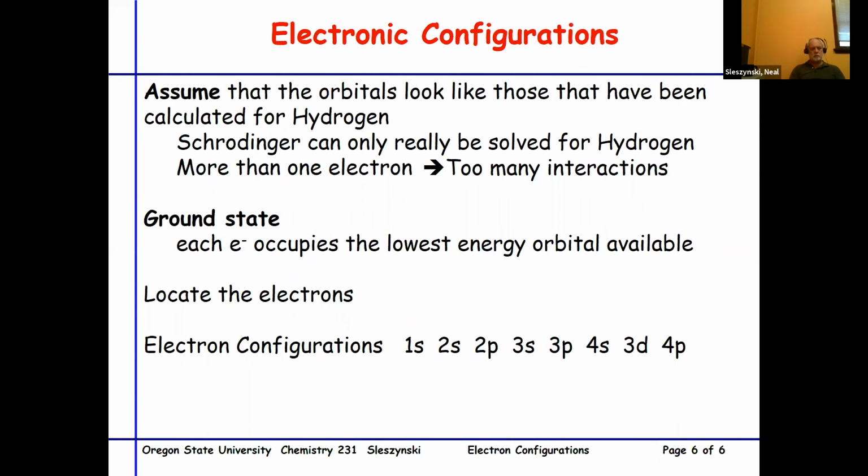So our electron configurations are going to look the following. 1s will be our lowest energy orbital, followed by 2s, 2p, 3s, 3p. And then you see that we have inserted the 4s orbital before the 3d orbital because it has a lower energy based on the interpenetrations that we had talked about, and then 4p orbitals.